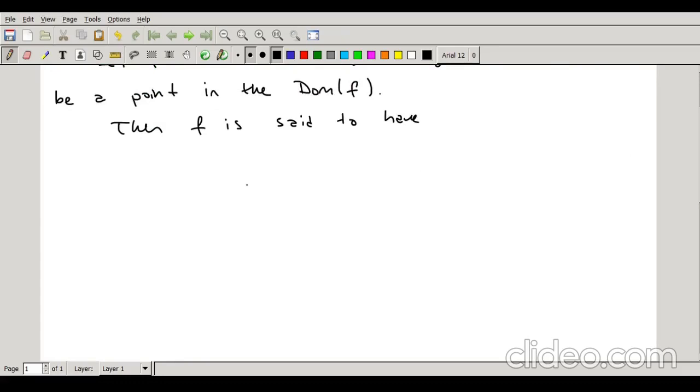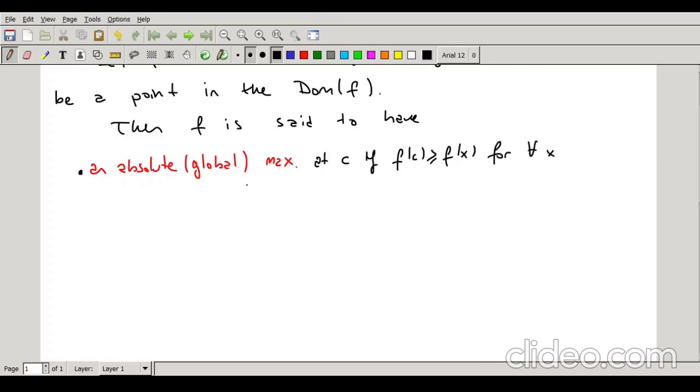The first one, let me state it in the following way. We have an absolute maximum, in some books you can also see it called a global maximum, at point c, if f of c is greater than f of x for all x in the domain of f.